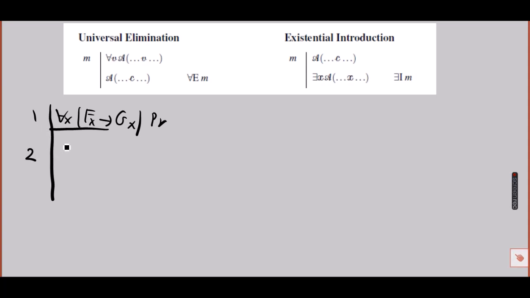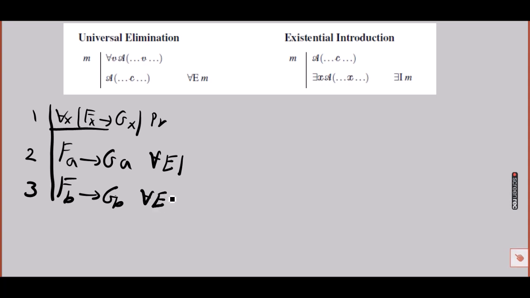For example, you can get the A instance using universal elimination on line 1, or you can get the B instance, where you replace x with B, universal elimination on line 1. Any instance that you want, you can get from a universal. That's the rule.